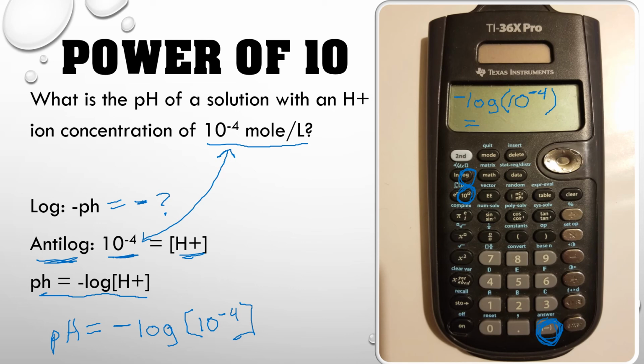So negative log of 10 to the negative 4 is 4. So the pH is 4.